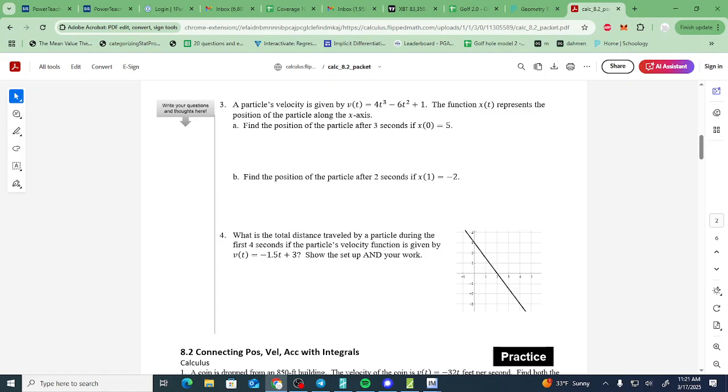How else could I have done it? Try and do it like part A, slightly different because you're not starting at 0, but you can still use that as your starting position. So the other way I could do it would be to say I know at 1 second I'm at negative 2.